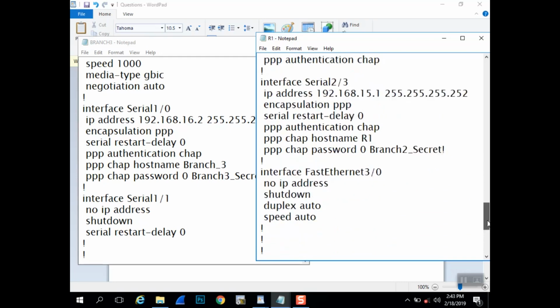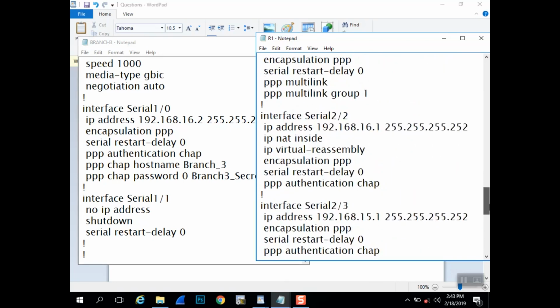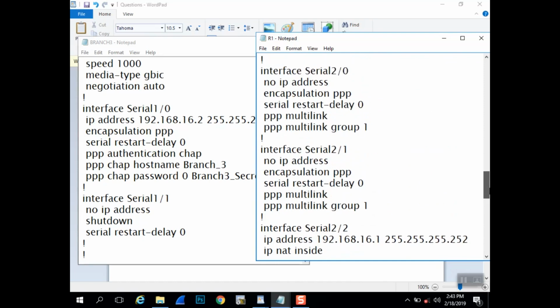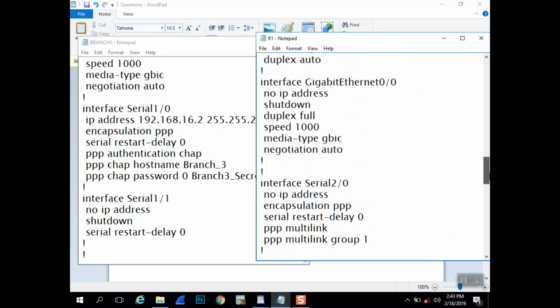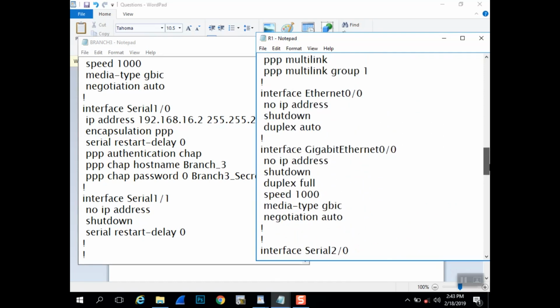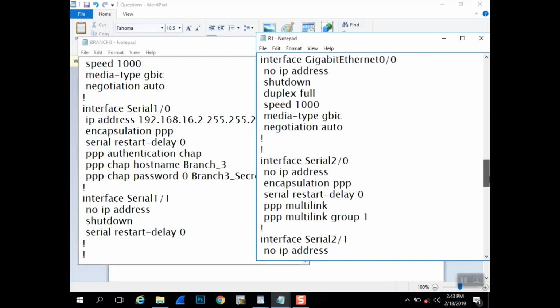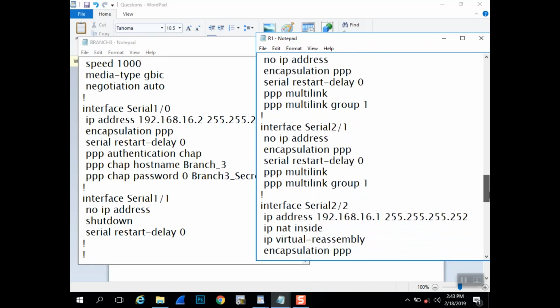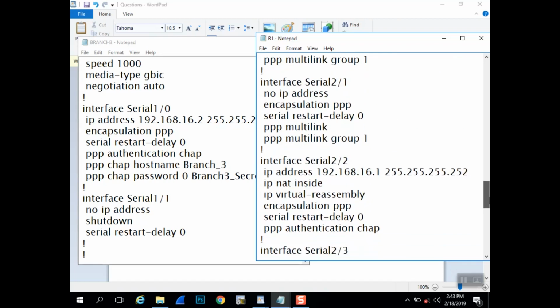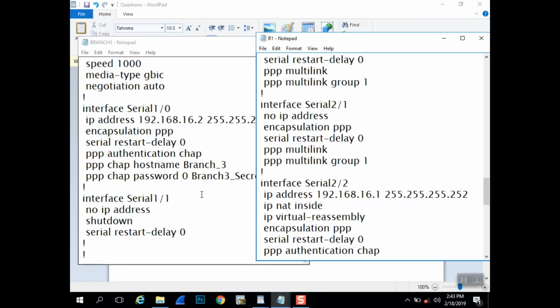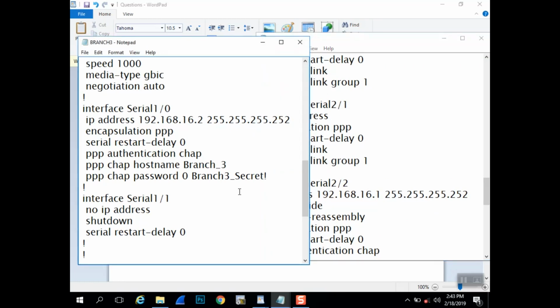And this is for branch 2. For the multilink. So as you can see here on branch 3, it has the declaration of the PPP authentication chap and also a hostname and also a password.